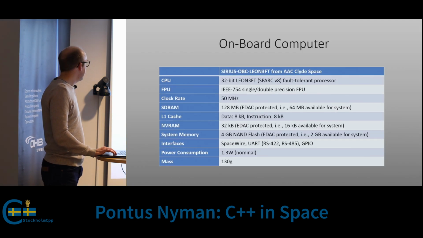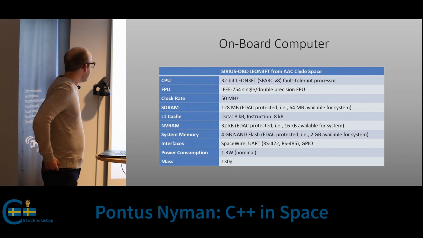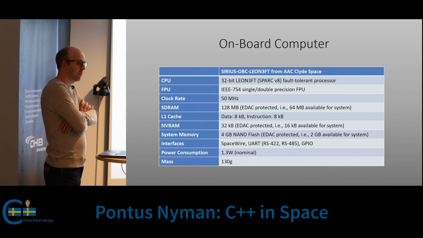This is the computer that we have. So the onboard computer, or OBC, if you want to talk like that, we buy it from a company called AEC CloudSpace. It's called Sirius, and it's a 32-bit processor, a fault-tolerant processor.